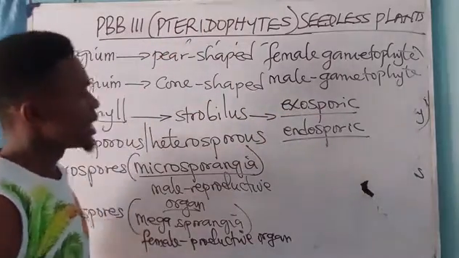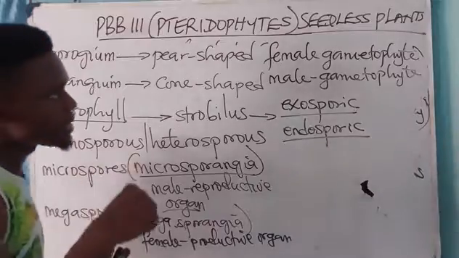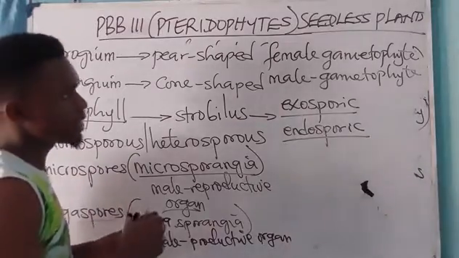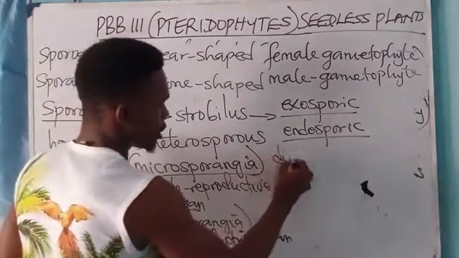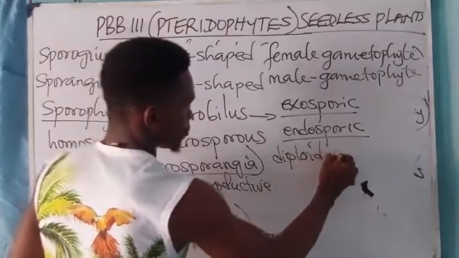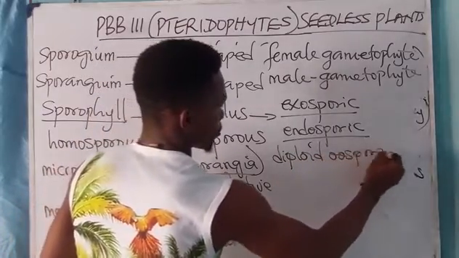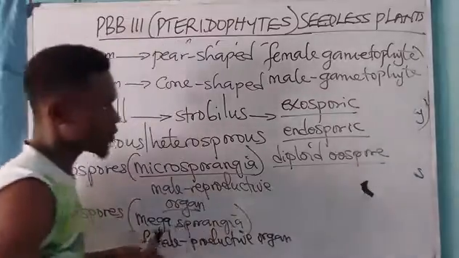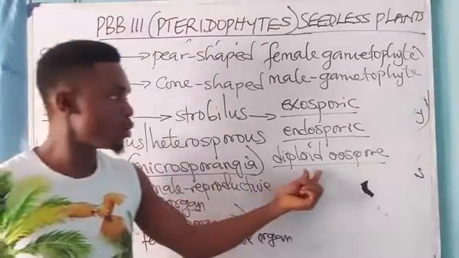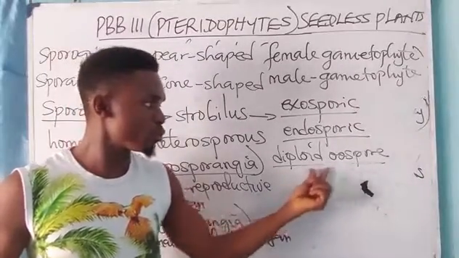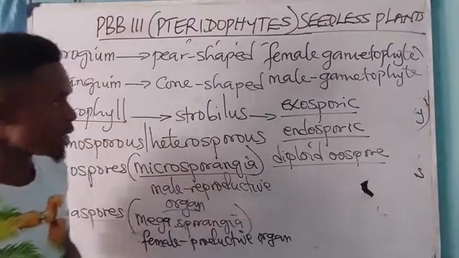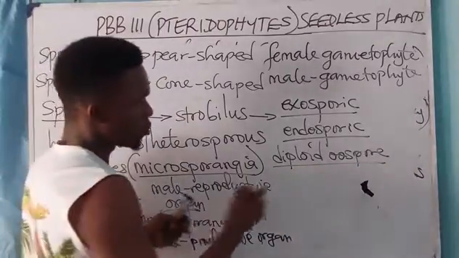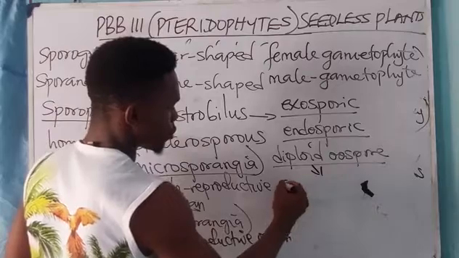Now, upon fertilization, it will produce what? A diploid oospore. Now, this diploid oospore would develop to form what?